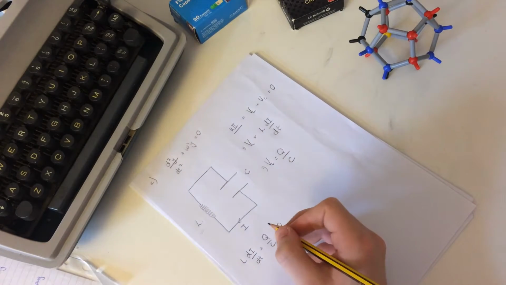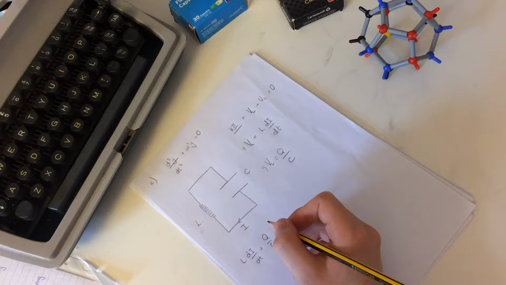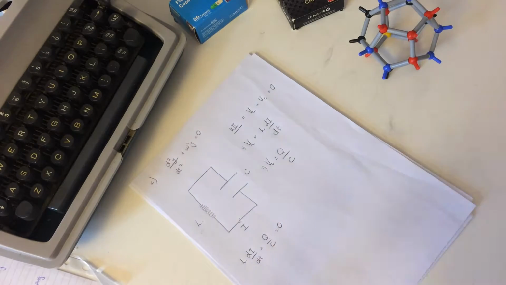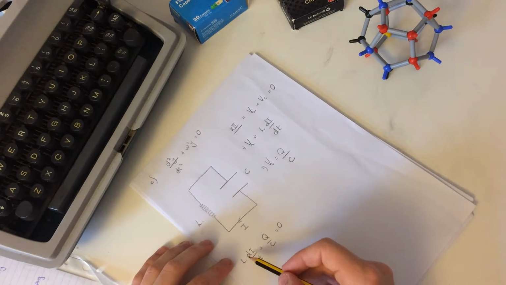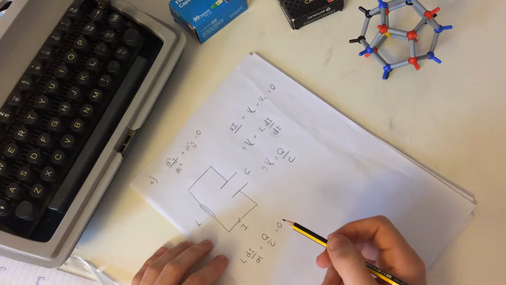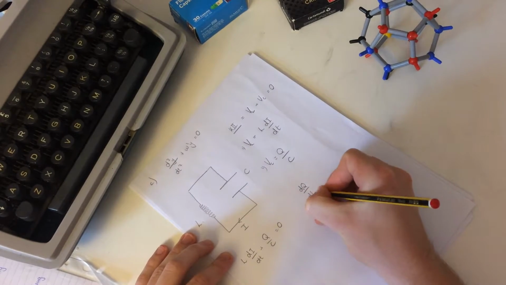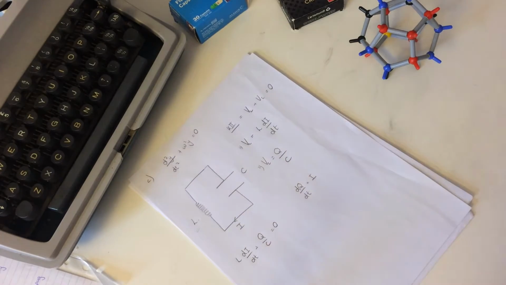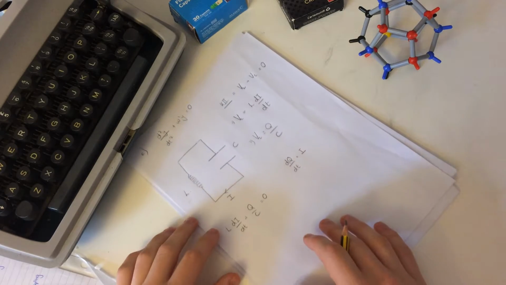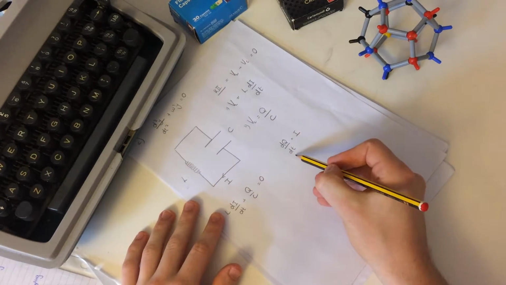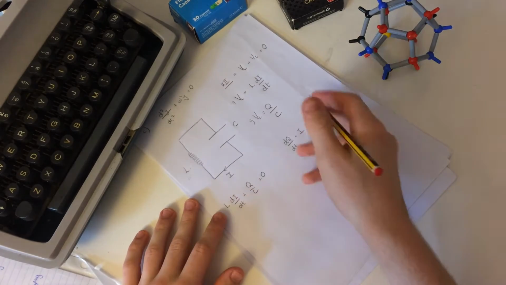Now, hopefully, some of the eagle-eyed among you will know that I and di over dt and Q are related. In fact, dq over dt equals I. So what we're going to do to the entire system now is differentiate both sides with respect to t, so that we can employ this handy equation.